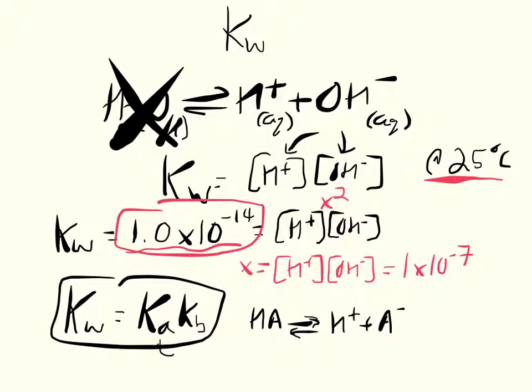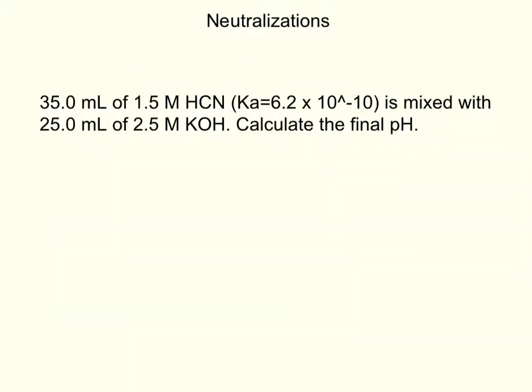And if you also know Kw, you can always figure out what Kb is, what the base dissociation constant is for the conjugate base. Because you can plug the Ka in here and just solve for Kb. So manipulating between Ka, Kw, and Kb is something that we should be able to do as well.